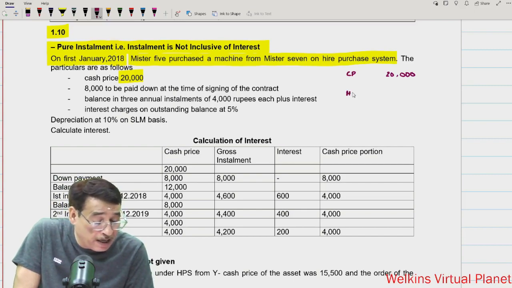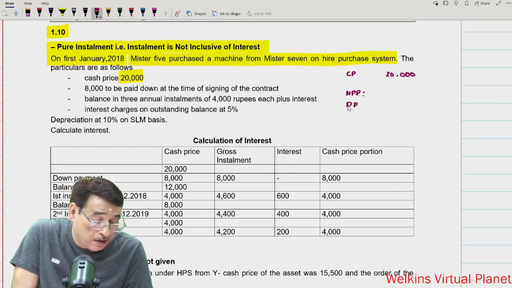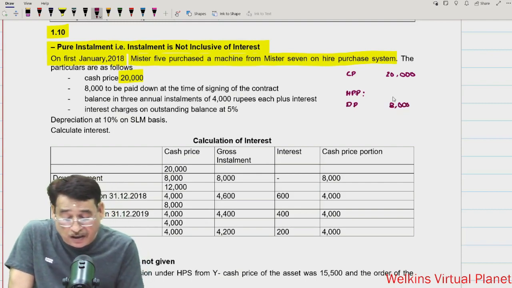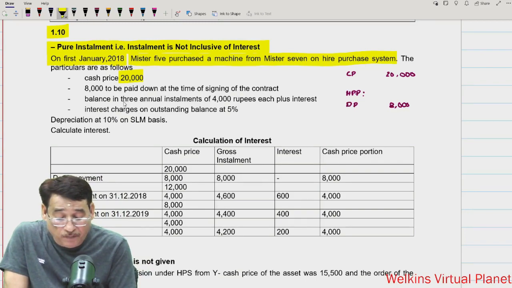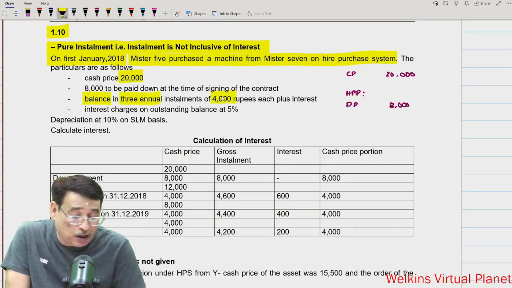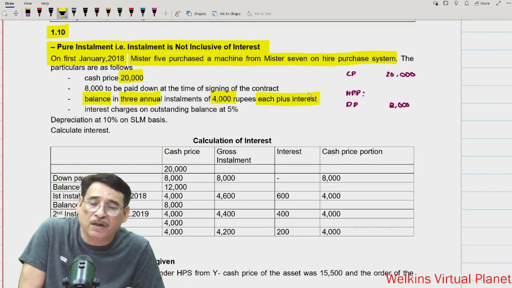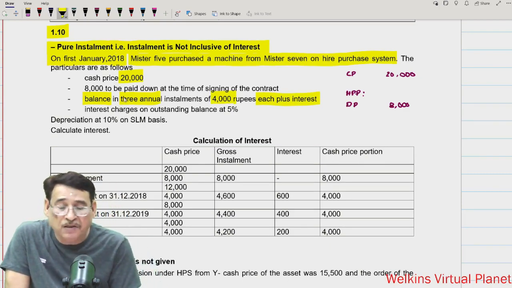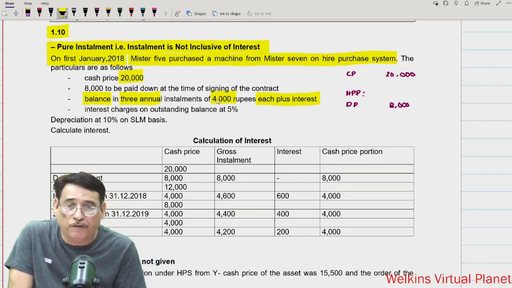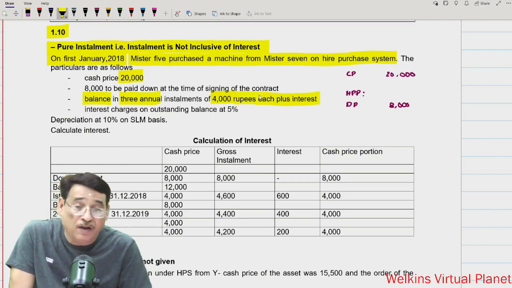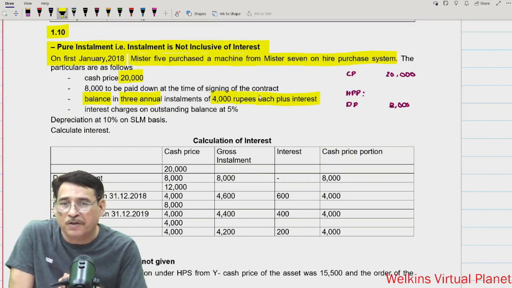Now we know that hire purchase price basically means down payment. Now down payment in this case is given to us as 8,000 and question says that later on balance in annual installment of 4,000 rupees plus interest. Balance in 3 annual installment of 4,000 rupees each plus interest.